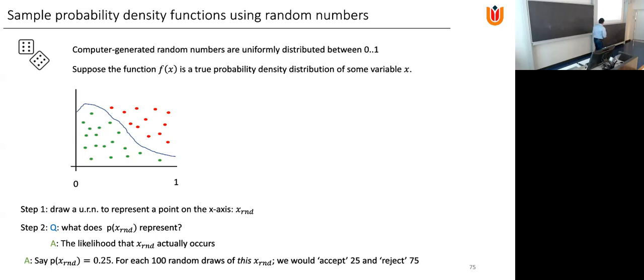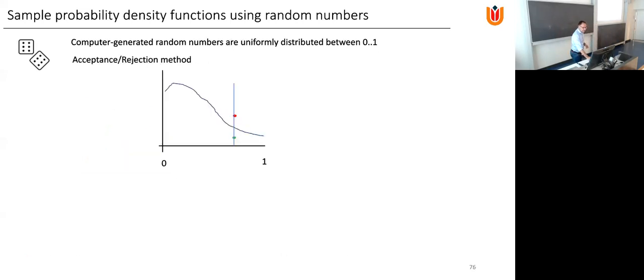Then for each 100 random draws of this value x, I would accept 25 of them, and I would reject 75 of them, because that is what the probability density says.